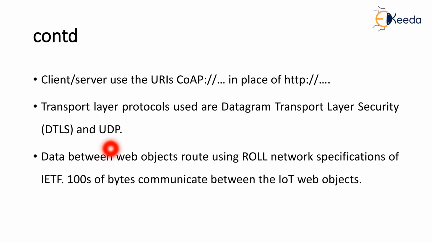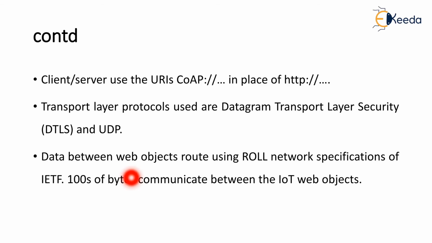So the data between web objects is routed using the ROLL network specifications of the IETF.